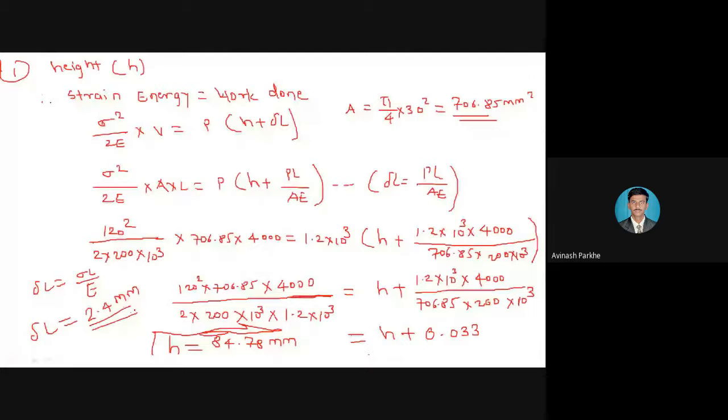By using the two formulas we can solve any type of numerical, and in this type number 3 there are only two varieties. In the problem number 1 we calculated the stress and the elongation, and in the problem just now discussed, the stress is given and we have to calculate the falling height, that is H. So by using the sigma formula and the strain energy equal to work done formula, we can calculate any unknown parameters.